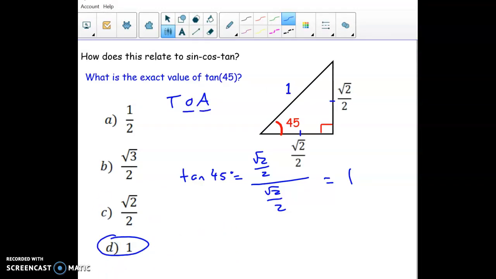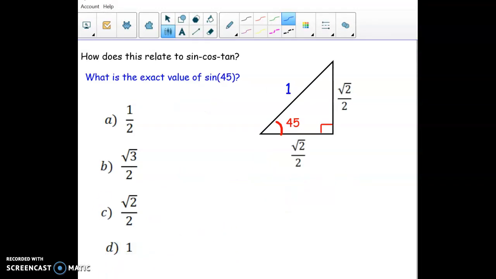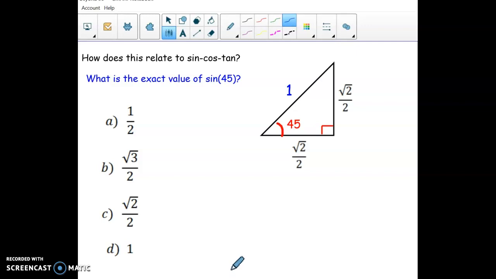Okay, so where are we going with this next? So let's try to do this then for the sine of 45. Okay, so we're going to use our same 45, 45, 90 triangle. See if you can find the sine of 45. Okay, so sine back from SOHCAHTOA world is opposite over hypotenuse.